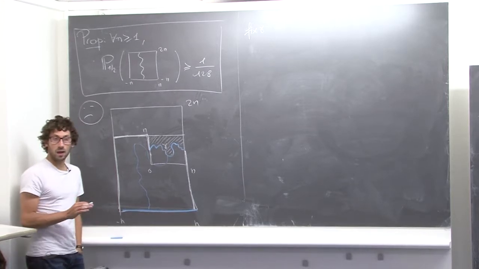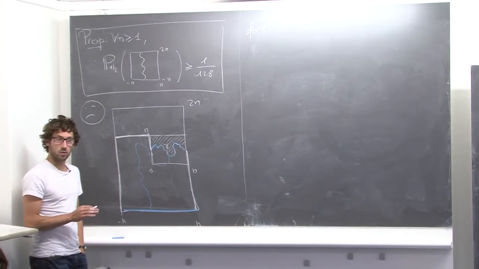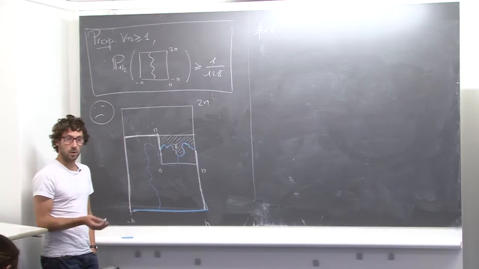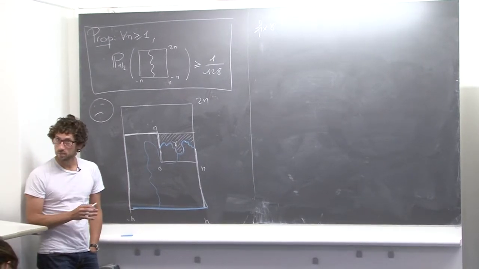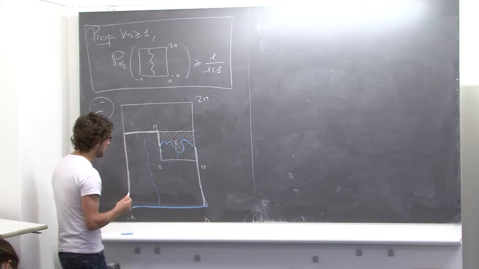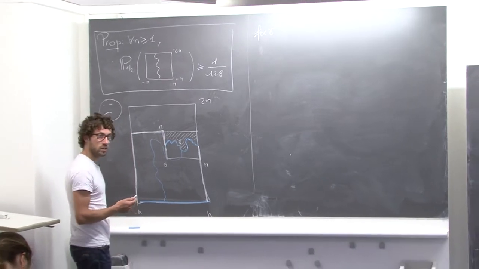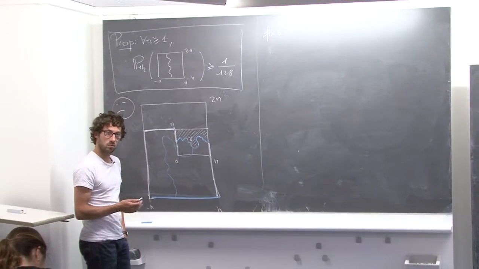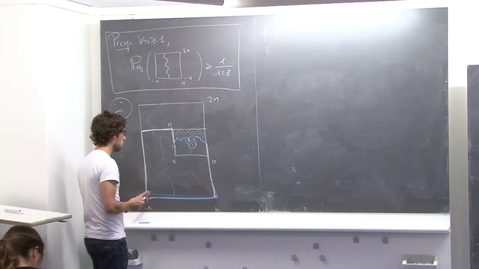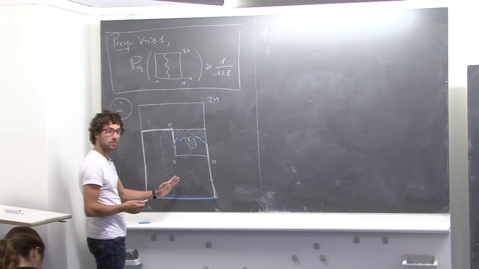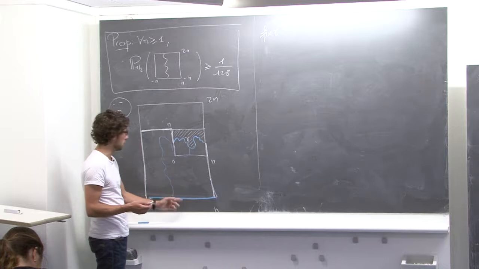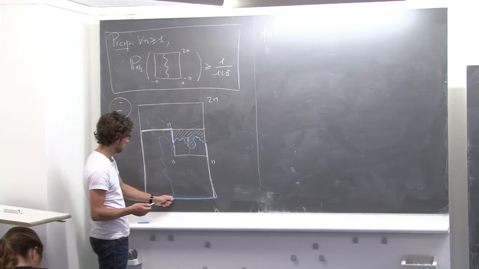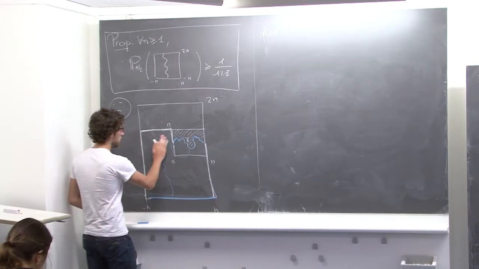So up to now, we don't have so many tools, right? We only know about self-duality. So the idea is going to be to try to construct a symmetric domain and to use the FKG inequality to try to prove that we cross from here to here. So the idea is the following.